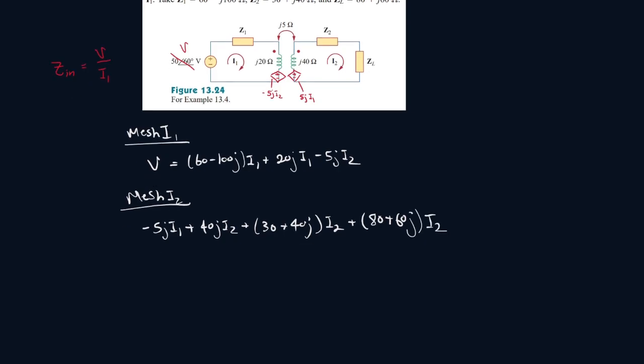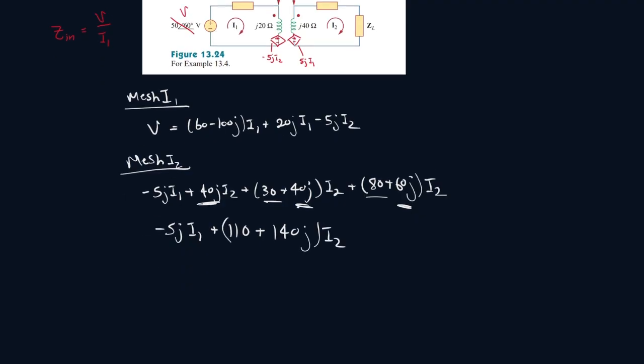So let's combine all the like terms inside here. We can combine this and this, so that's 110. And then we can combine this, this, and this, so that's 140. Okay? And now we'll isolate for I2.